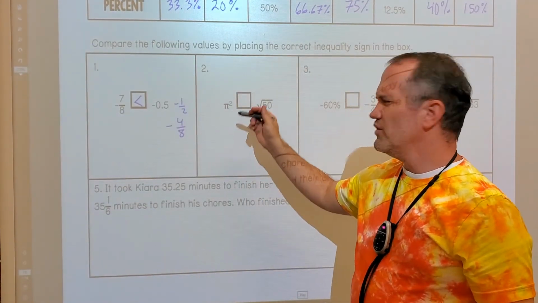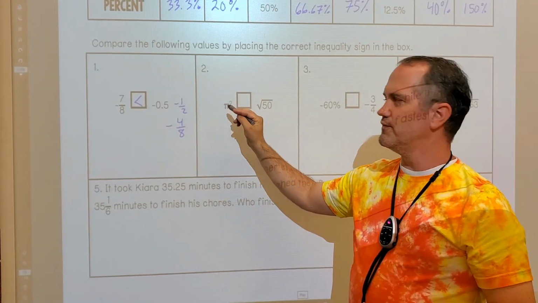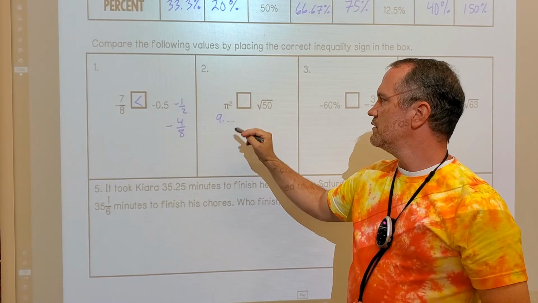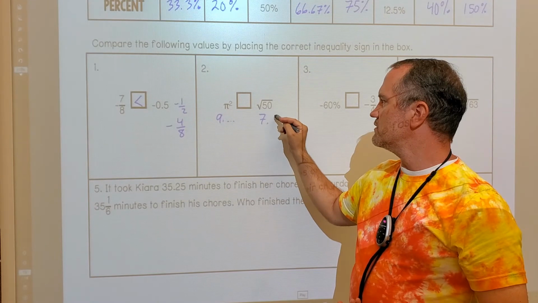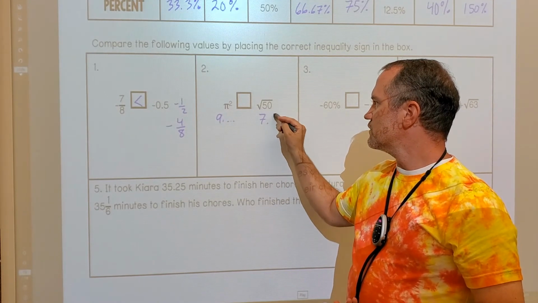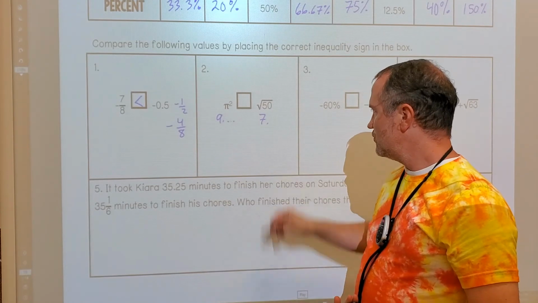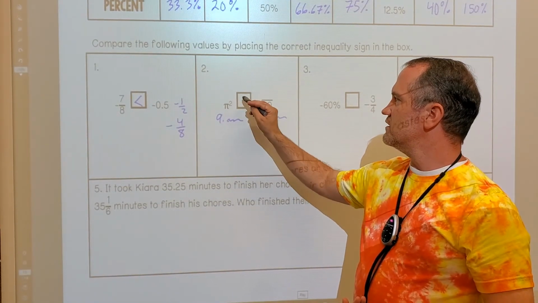Oh, duh. Obviously that was 3.14. 3 times 3 is 9 point something. And then square root of 50 is going to be 7 point something. Let's just do 7 point whatever, 9 point whatever. And obviously the 9 is bigger.